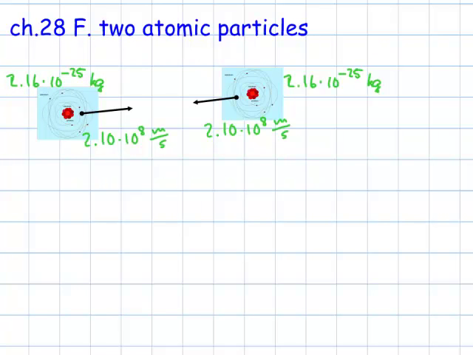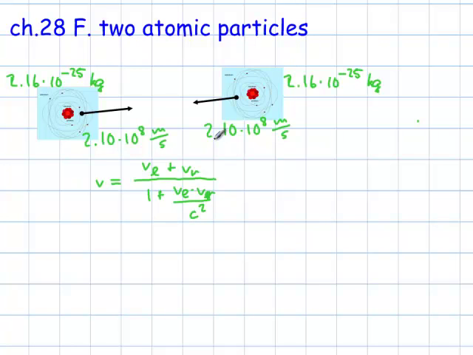As far as the velocity between these two particles is concerned, that's simply the velocity addition formula. The particle on the left plus the particle on the right, divided by 1 plus the product of these two velocities, divided by c squared.